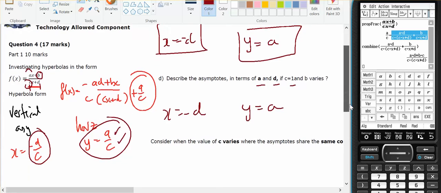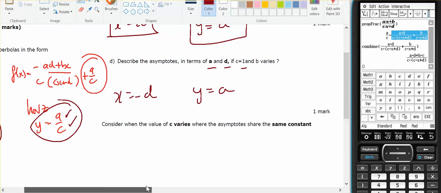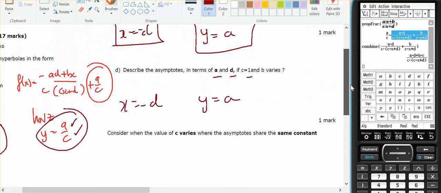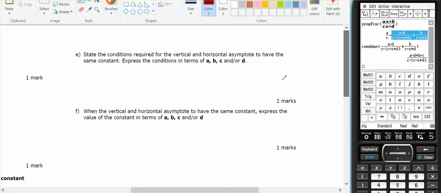Consider the value when C varies where the asymptote shares the same constant. State the condition required for the vertical and horizontal asymptotes to have the same constant.